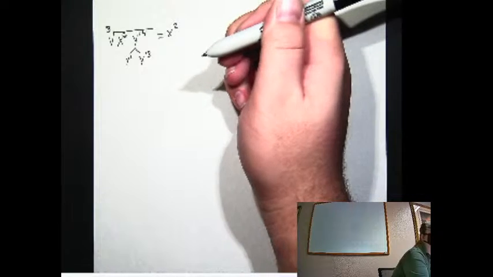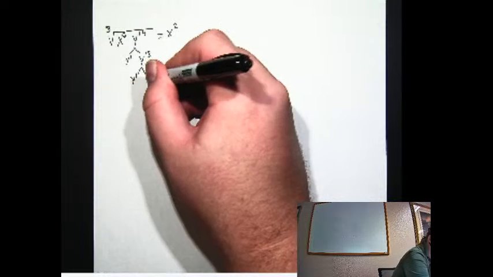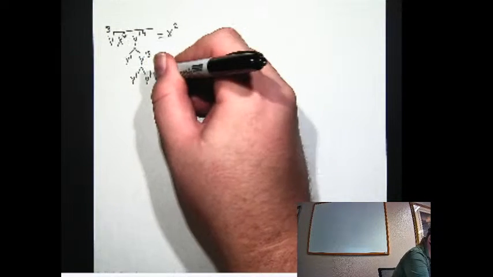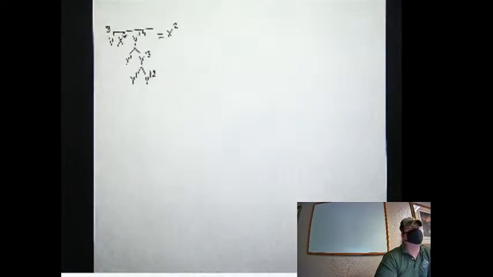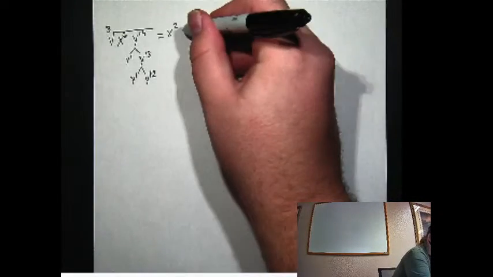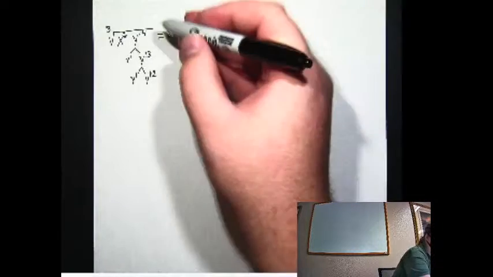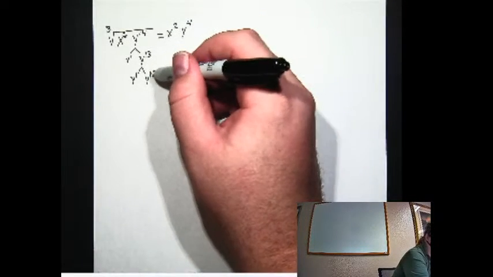Well, 13 and 3 still don't divide, do they? All right, well, let's split off another one. Does 12 divide by 3? Yeah. So we get y to the what? 4th. Okay, so that's taken care of.